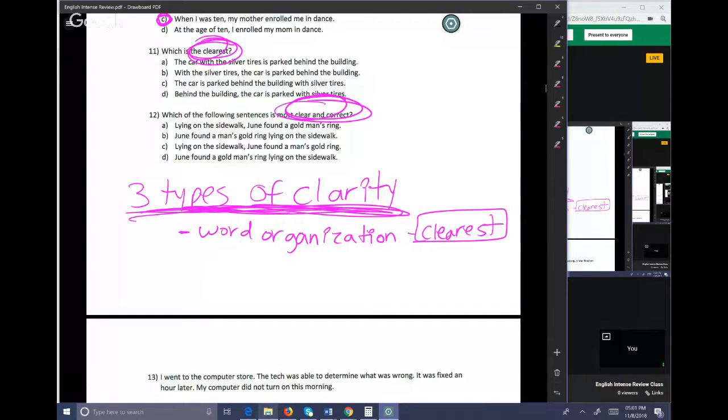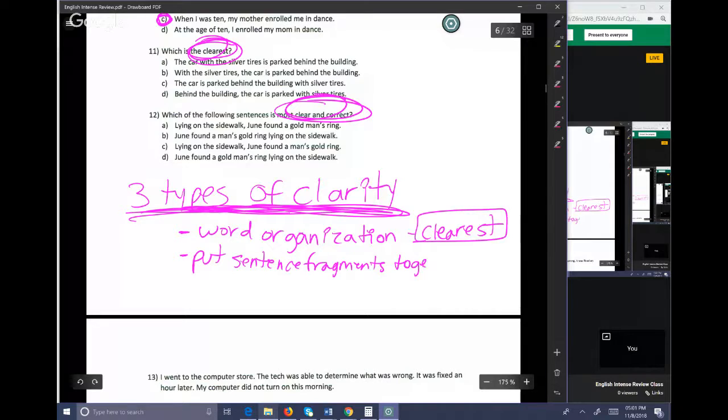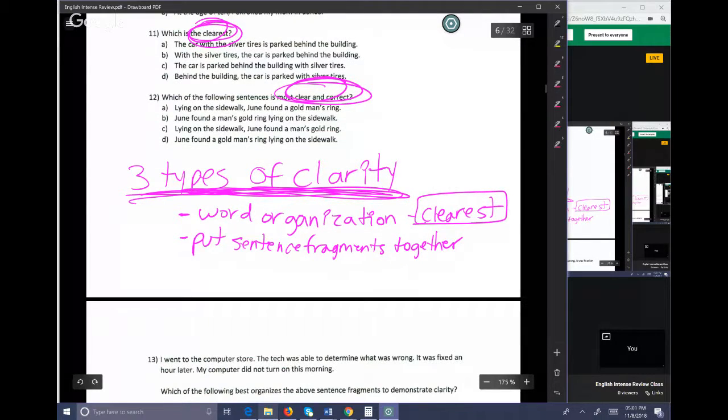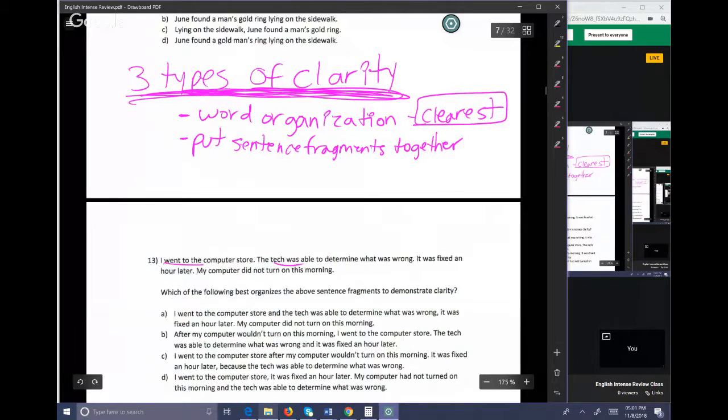Another type is where you put sentence fragments together. We're about to work on that, and those are on your very next page. Those are the ones where they give you these little pieces of sentences like this, and they say, how do you put them together?